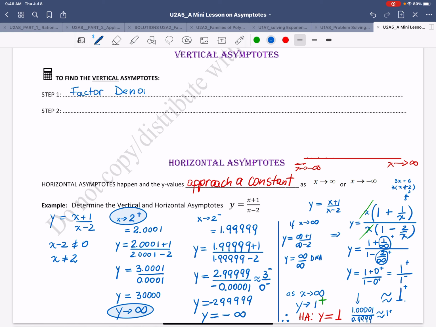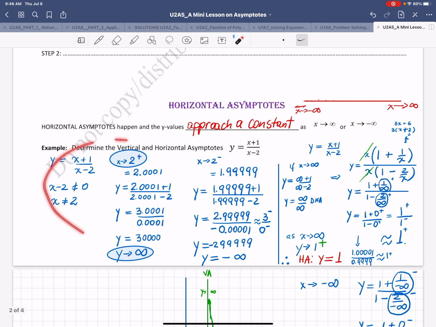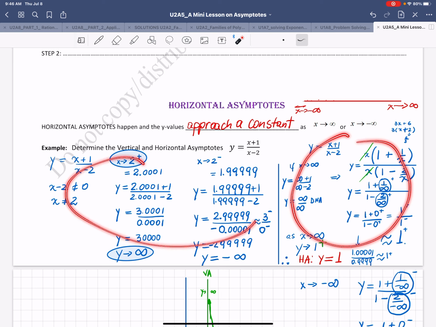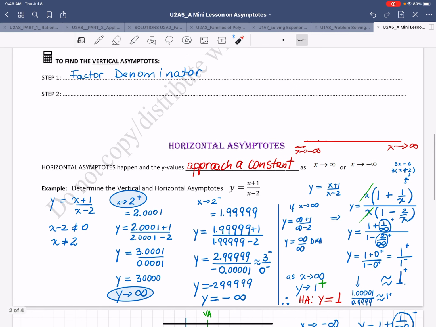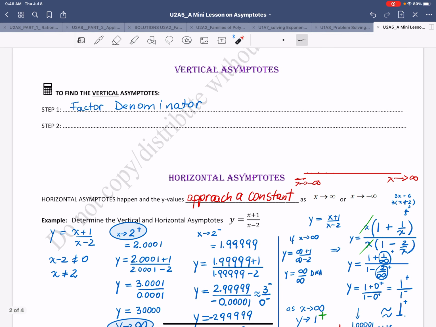So we don't really have to go through the whole process of finding the horizontal asymptote this way. This helps us understand where horizontal or vertical asymptotes come from. There are shortcuts to this, but once we understand how asymptotes are formed, the shortcuts will make more sense. We don't want to memorize things, we want to learn them.